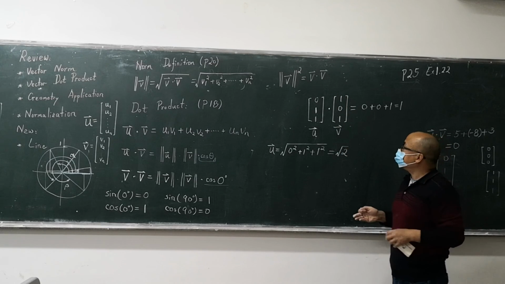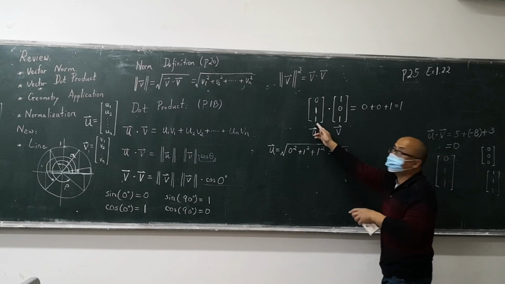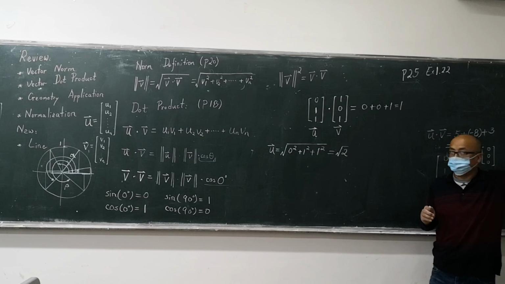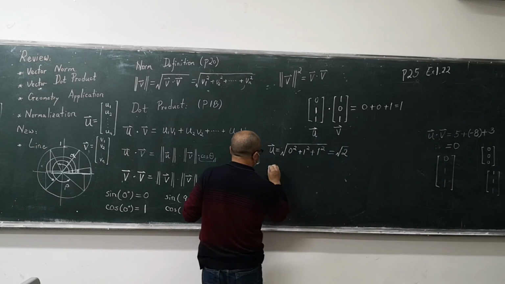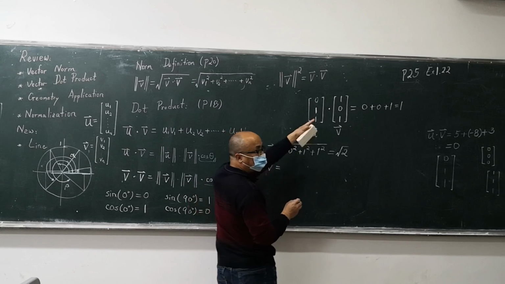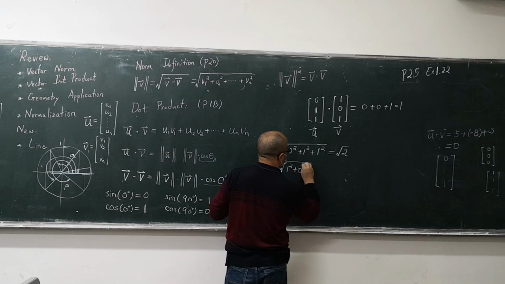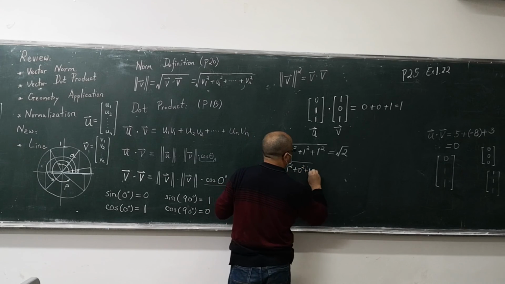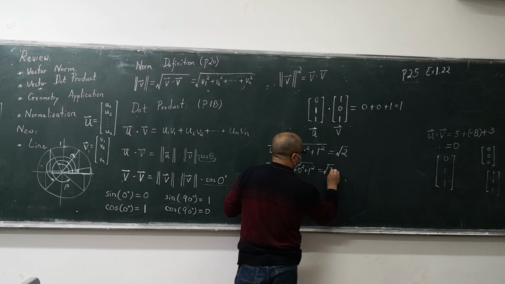And this one is over there. And this one, what's this one? It's the same. It's similar, okay? 1 squared plus 0 squared plus 1 squared is 2.